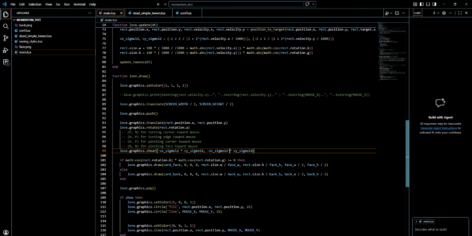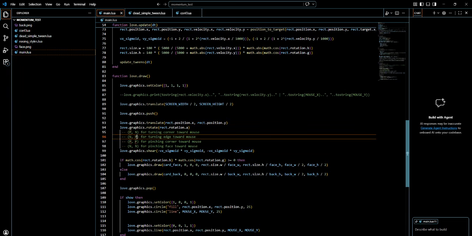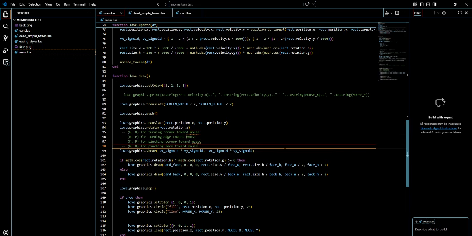And so if I were to remove one of these, you would see that it only goes in a particular way. But combined like this, I can cause both shears to go at the same time. And so these combinations of positive and negative will determine if the card seems to pinch or angle instead of turn, and in what direction.